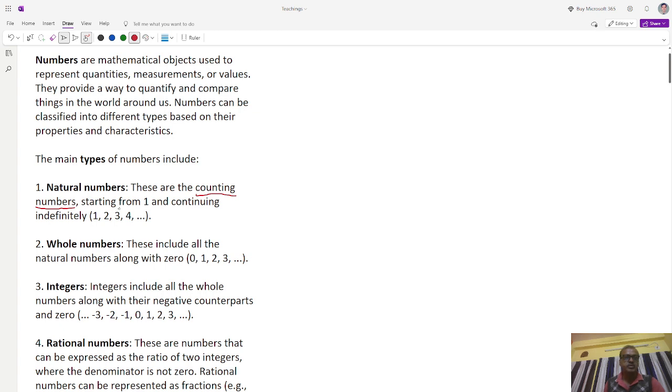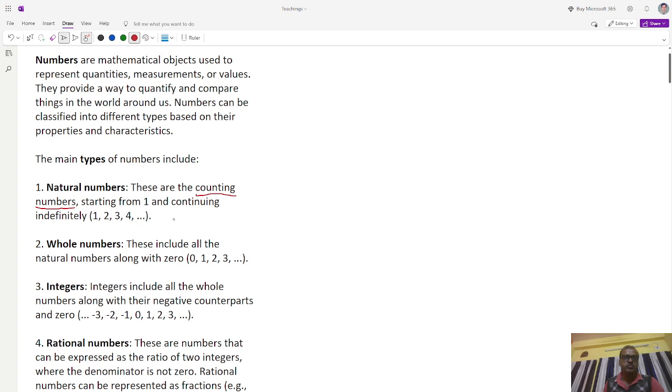We start counting from 1, 2, 3, and so on. These are the counting numbers starting from 1 and counting indefinitely. So don't forget, natural numbers are nothing but counting numbers.